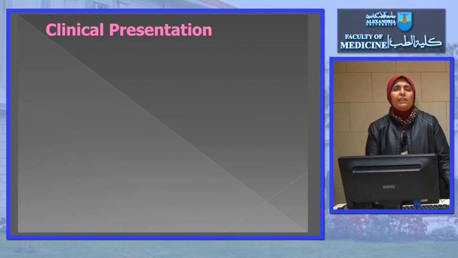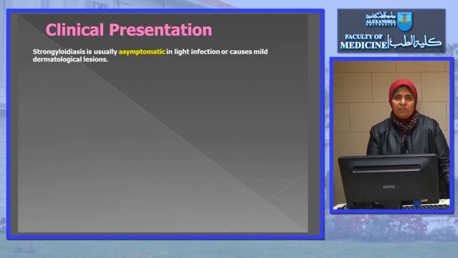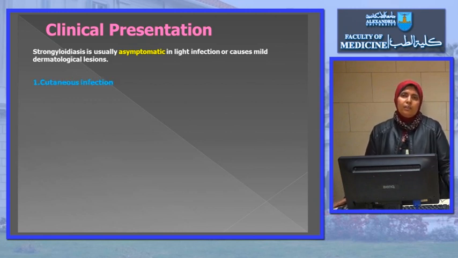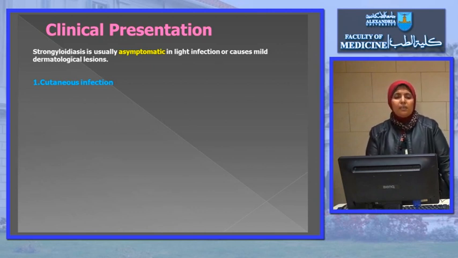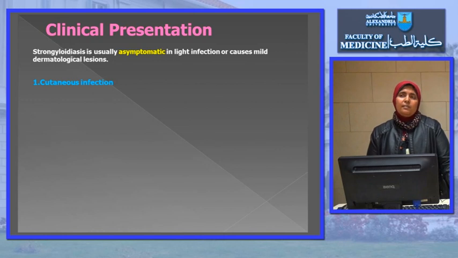Speaking about the clinical presentation of a patient suffering from Strongyloides stercoralis, as with any other infection, if this is a very light infection, the patient might pass by asymptomatic. Of course, clinical pictures can be divided according to the stage. The first stage is the penetration of the filariform larvae, the infective stage, into the skin. So the first stage is the cutaneous stage.